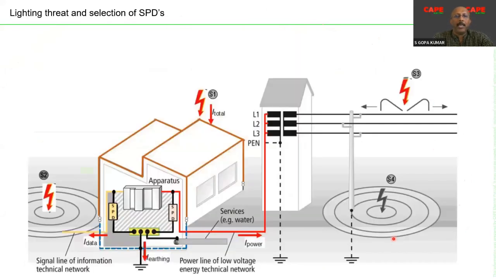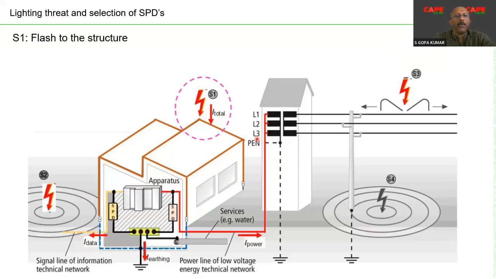Now you must understand that you are seeing a building. In the building, you have electrical apparatus. The power is coming from the overhead line. The sources of lightning threat have been classified into 4 types in IEC 62305.